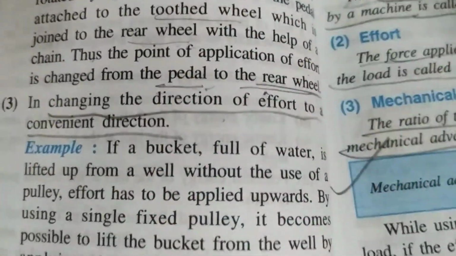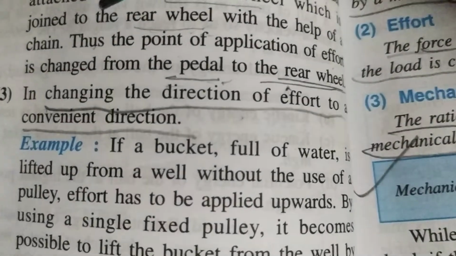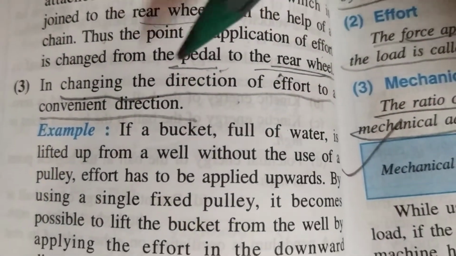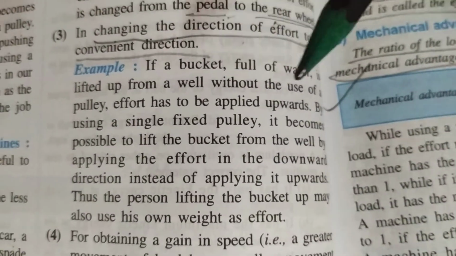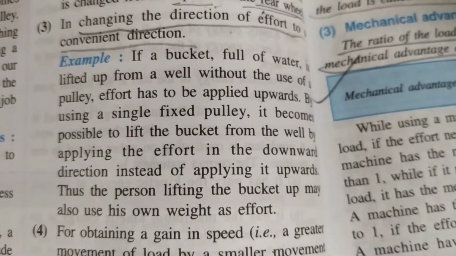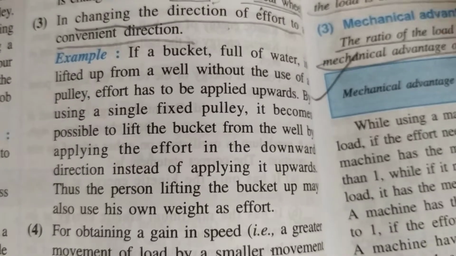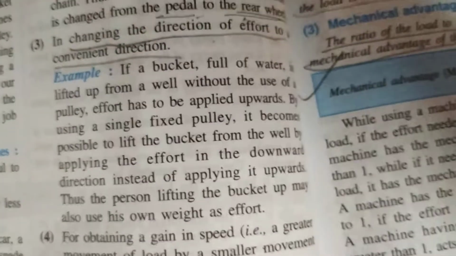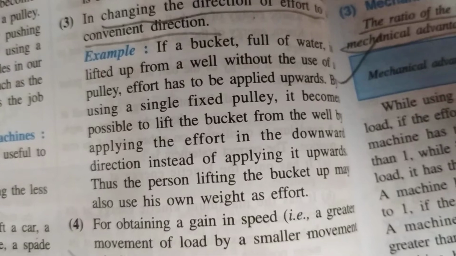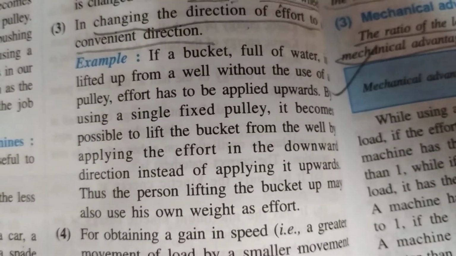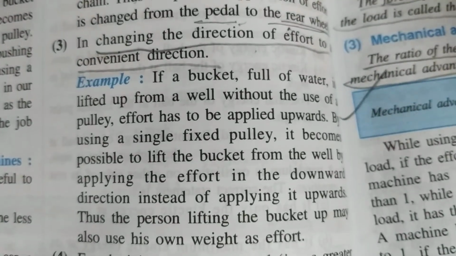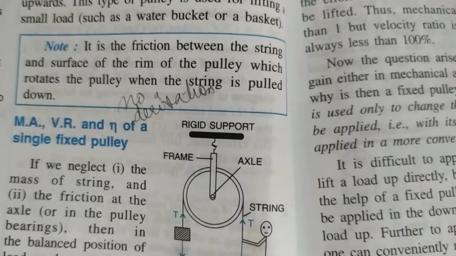Now coming to the third point, changing the direction of effort to a convenient direction. Here we will take the case of a single fixed pulley. Students, it's the same pulley which was used to take out water from the wells in earlier times, and nowadays also in some villages it's still being used.